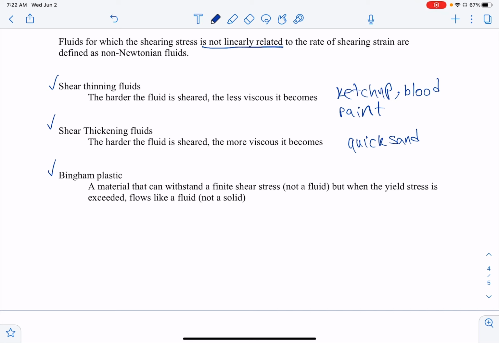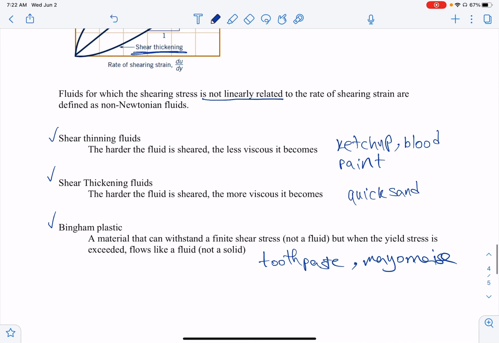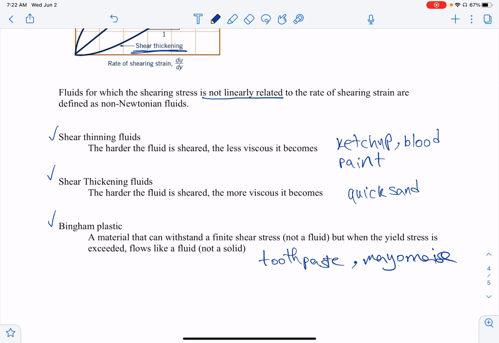Another good example is toothpaste, and mayonnaise. So these are the examples of the different kinds of non-Newtonian fluid.